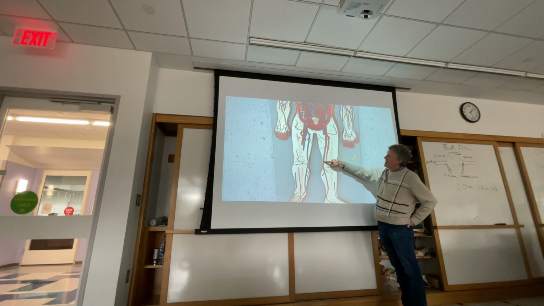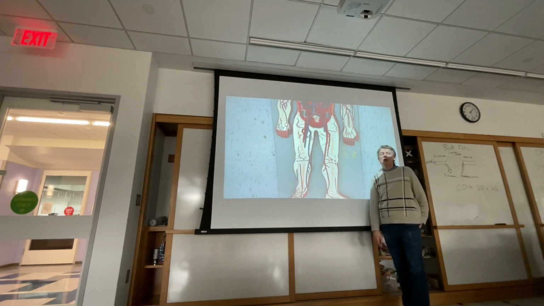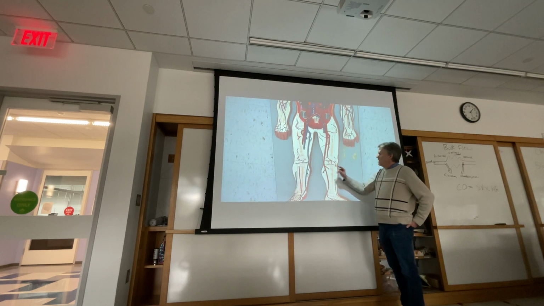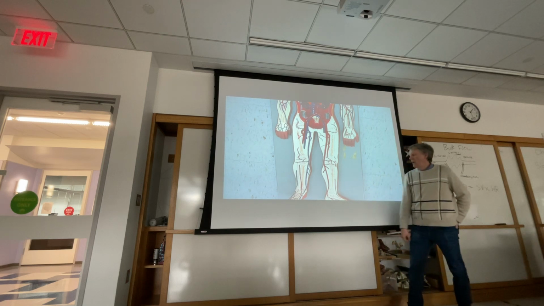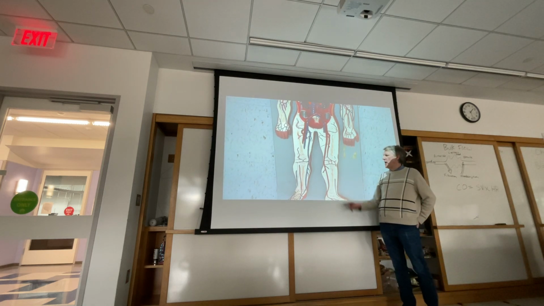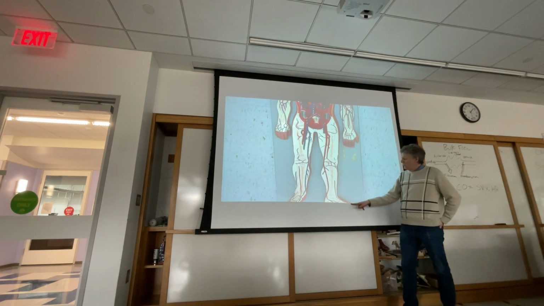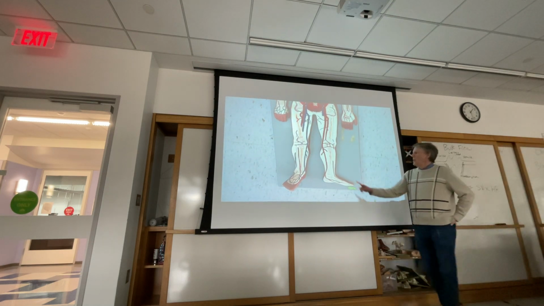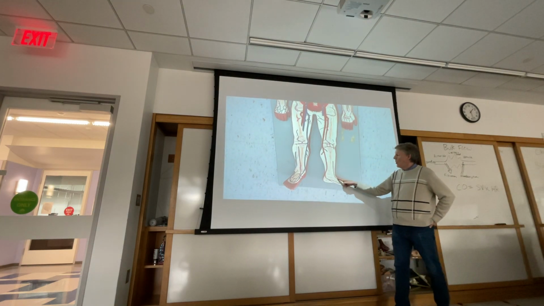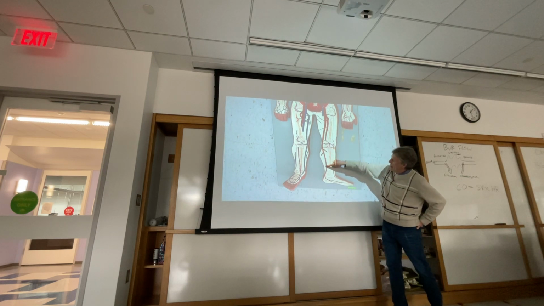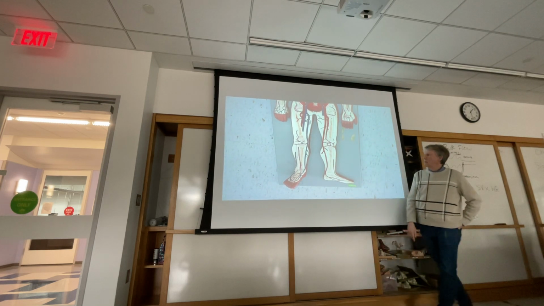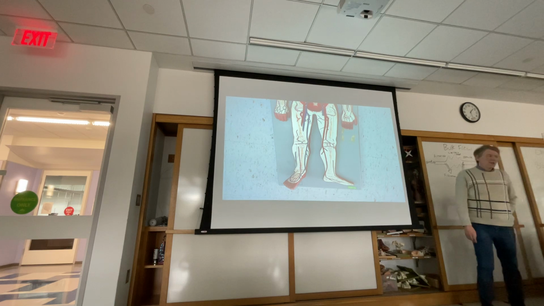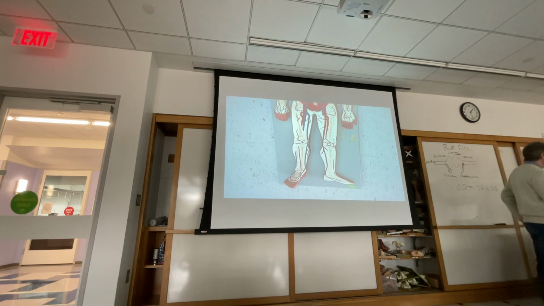As it goes behind the knee, it changes names. It's called the popliteal artery at that point. After it goes behind the knee, it gives off two main branches. Let me show the whole foot. The one that goes forward is the anterior tibial artery. And the one that stays in the back is the posterior tibial artery. Okay? So those are the arteries.